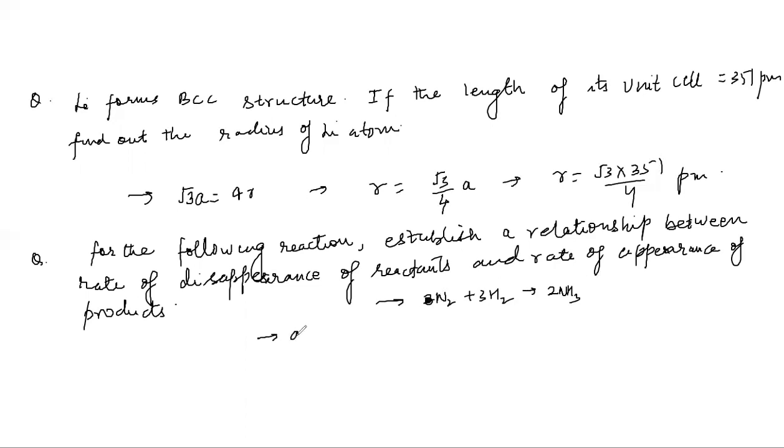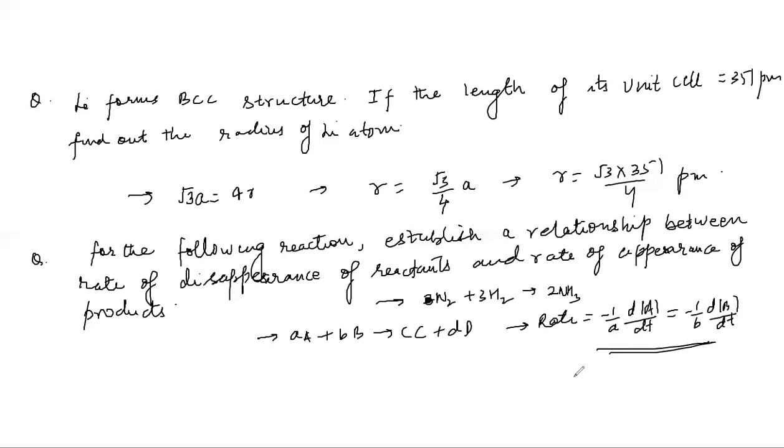For a reaction like aA plus bB gives cC and dD, we know that the actual relation is minus 1 by a dA by dt is equal to minus 1 by b dB by dt, where these are the rates of disappearance. This is equal to 1 by c dC by dt and 1 by d dD by dt, which is the rate of appearance.